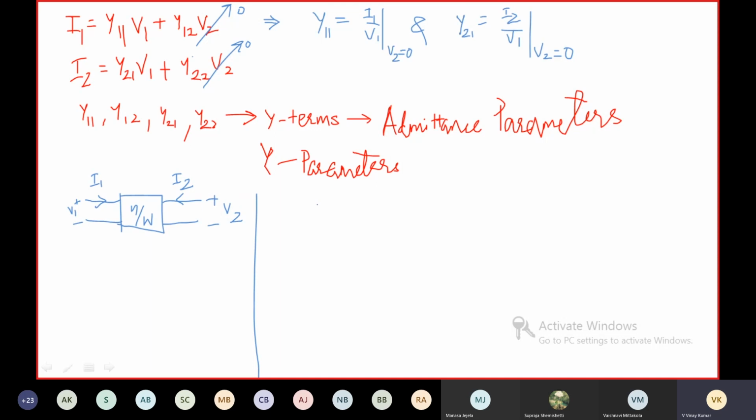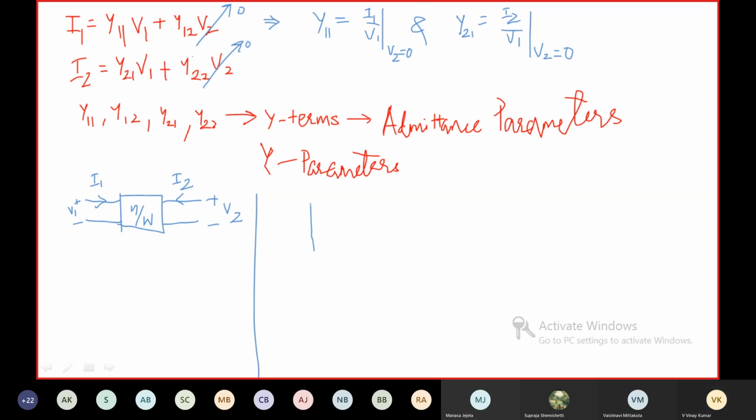Making V2 0 means what? Making V2 0 means short circuiting port 2. If you short circuit port 2, then only you can make V2 0.